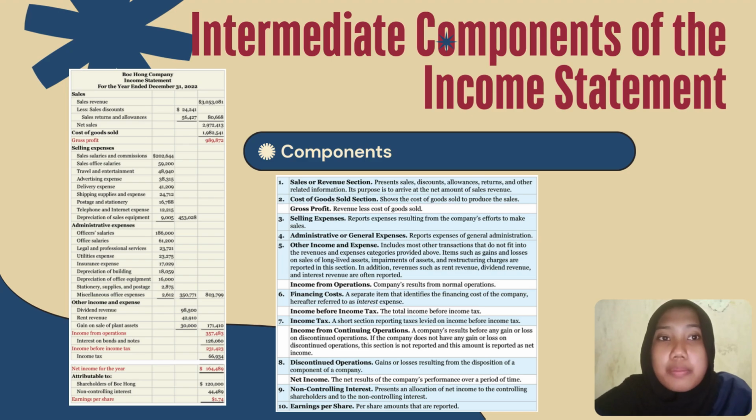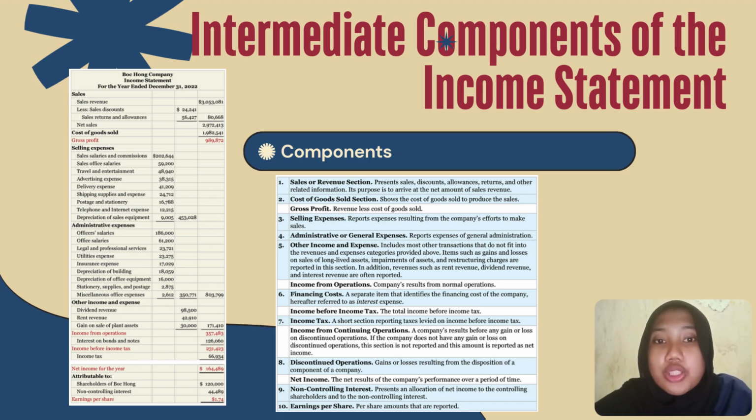If we subtract the cost of goods sold section from the sales or revenue section, we get the gross profit. Next, the third is selling expenses. It reports expenses resulting from the company's effort to make sales. And the fourth is administrative or general expenses, which reports expenses of general administration.